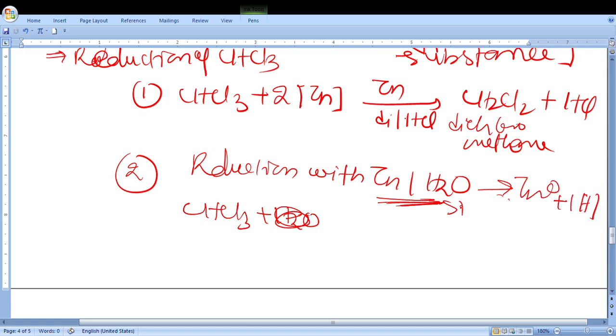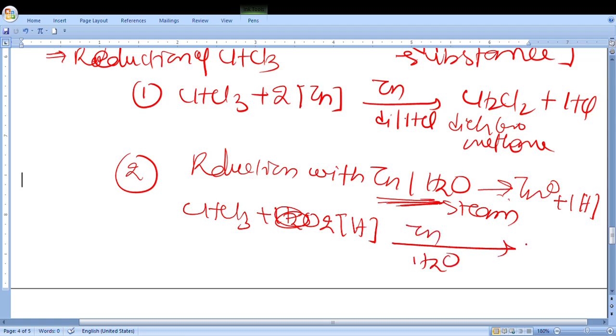So this is your steam. So this nascent hydrogen will be used in presence of zinc and water to form CH4. So 6 hydrogen. CH4 plus 3 HCl. So 3 hydrogen will be used to convert CH into CH4 and 3 hydrogen will take out chlorine in the form of 3 HCl.